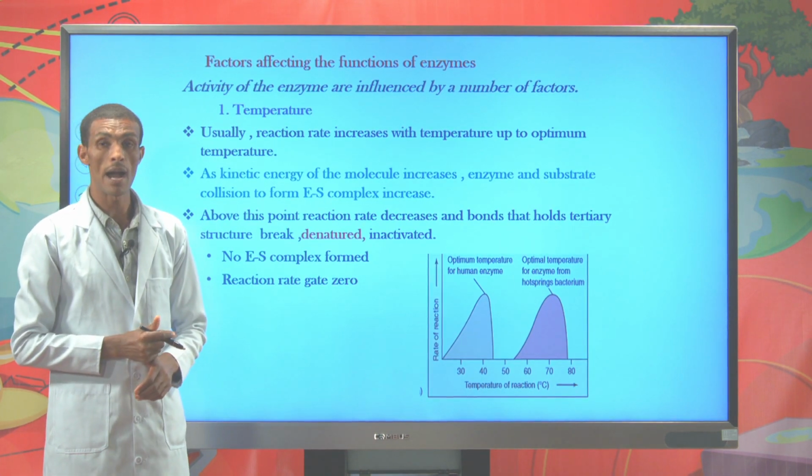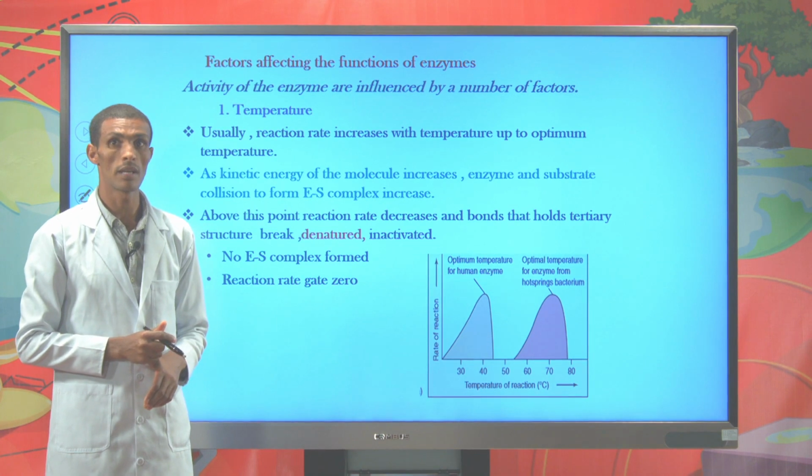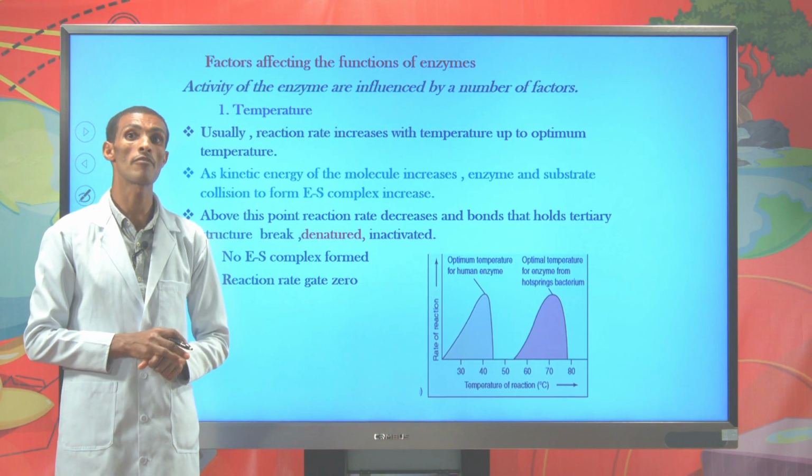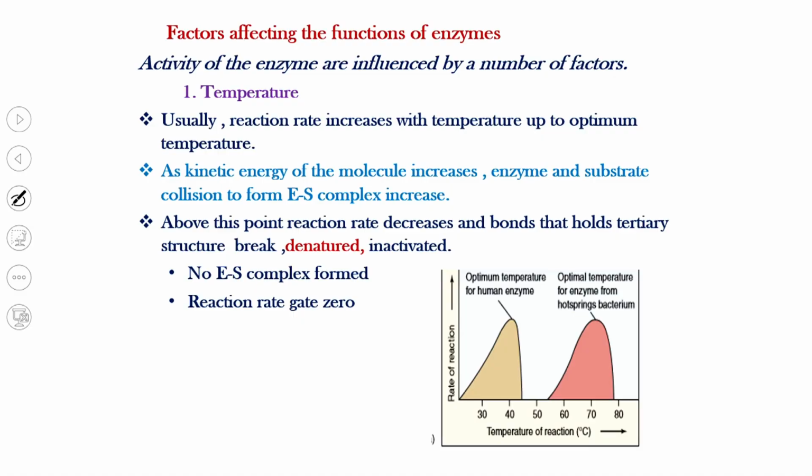Enzyme, as it is a protein, can be affected by many factors. There are many factors that affect the rate of enzyme action. The first most important factor that determines the rate of enzyme action is temperature.